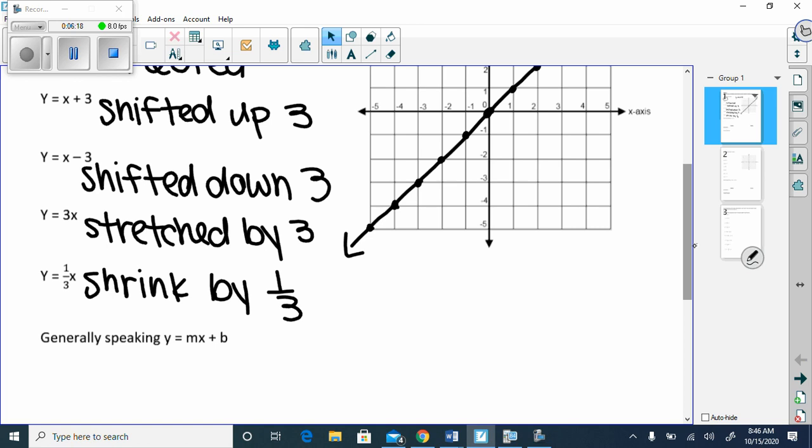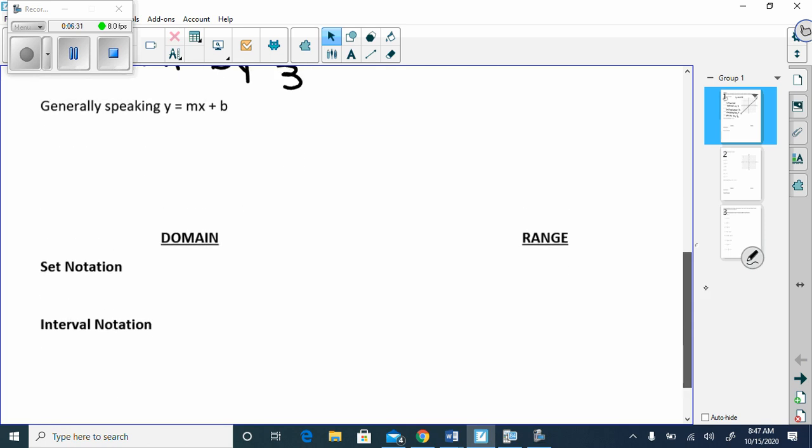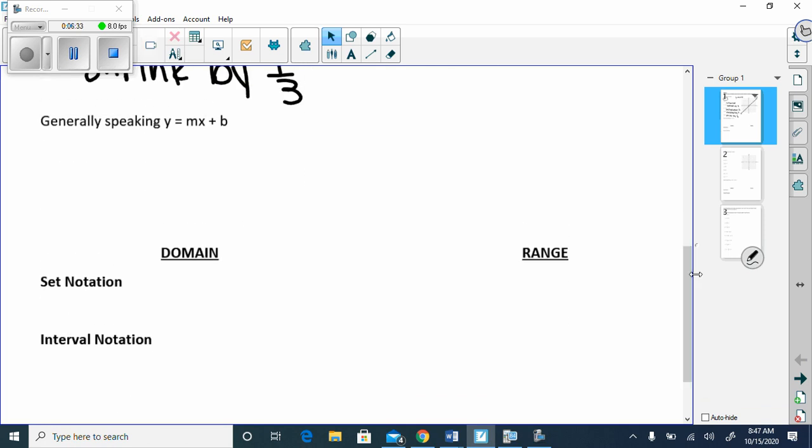Okay, so what we should be able to take away from this is depending on where they put some number, it's going to affect the change in different ways, right? So, we said if you put a negative out here in front, what did that do? What did that do on the equation that had a negative? It reflected it, right?